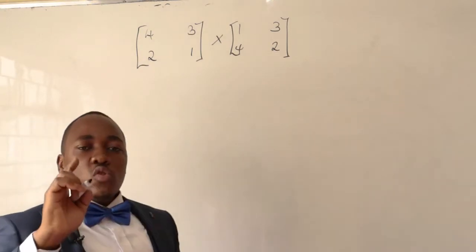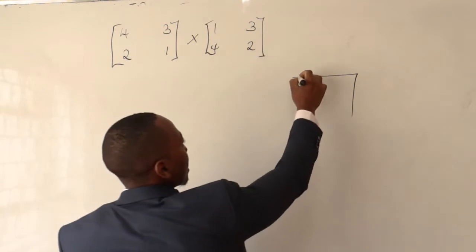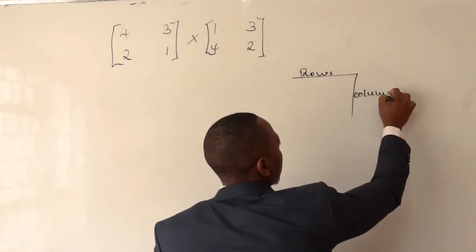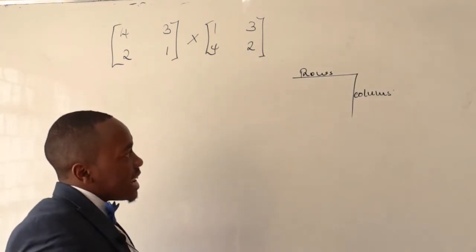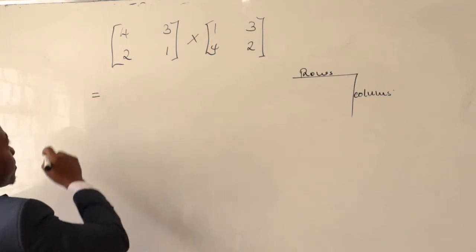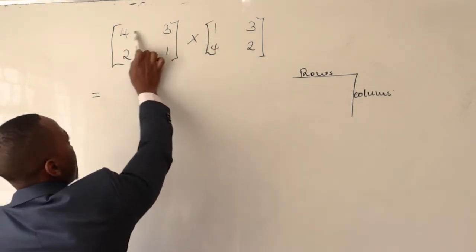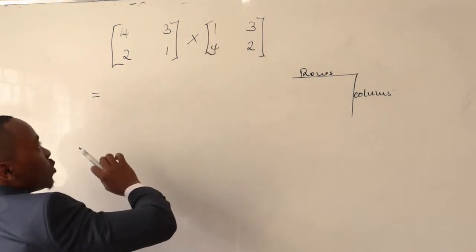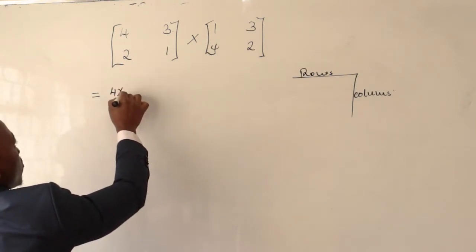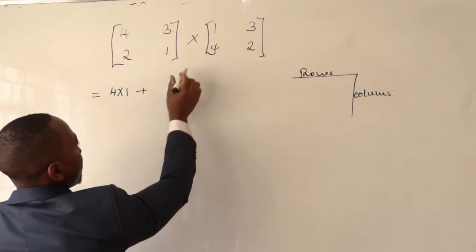We say that you use the rule of 7. Always you start with the rows before you go to the columns. For example, in this case, first row, first column. This is what I'll do: 4 you multiply by 1, you add 3 you multiply by 4.